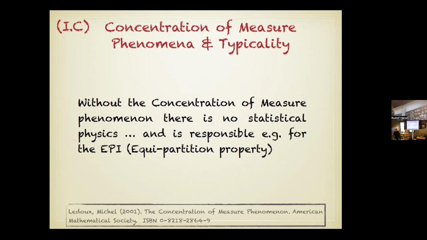Okay, but concentration of measure already happens in the classical MaxEnt principle. So basically, we have a Gaussian distribution function that concentrates as n goes to infinity.